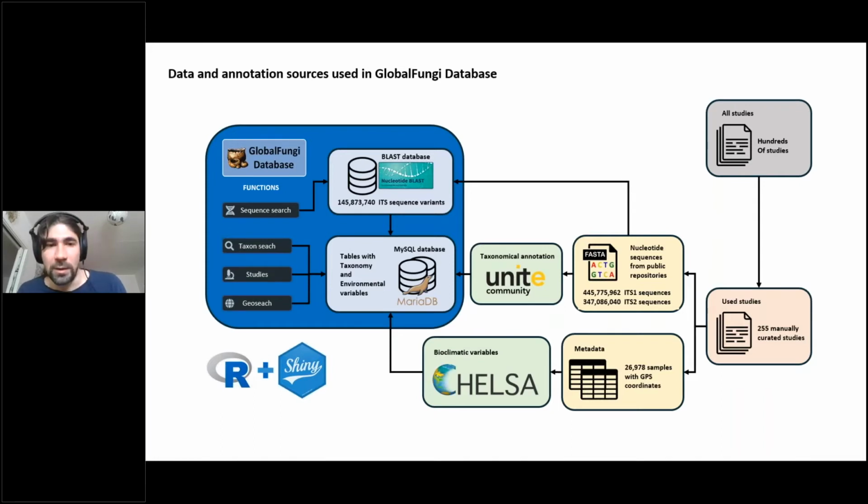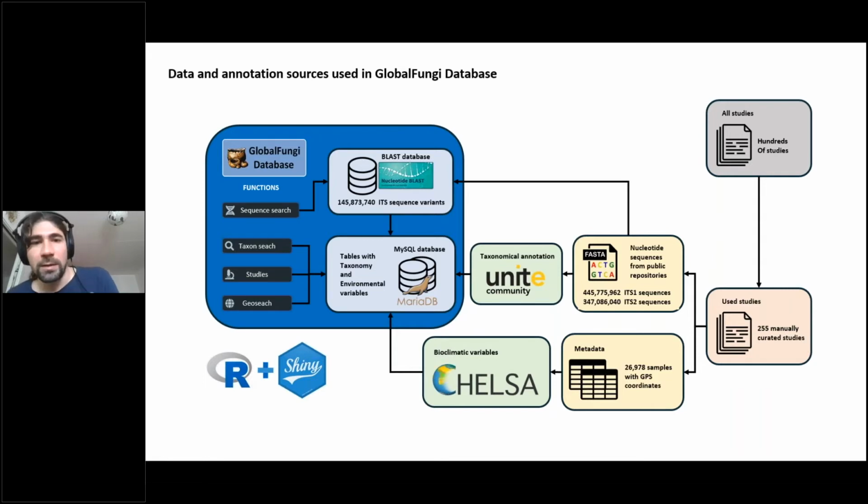We used this database as a reference for species, genus and so-called species hypothesis classification. With the metadata, we combine the GPS coordinates with bioclimatic variables, and all of this information was concatenated in a MySQL database, which is behind our website.